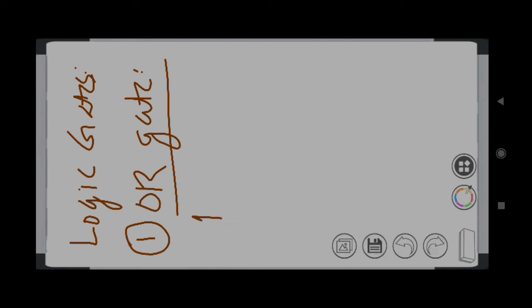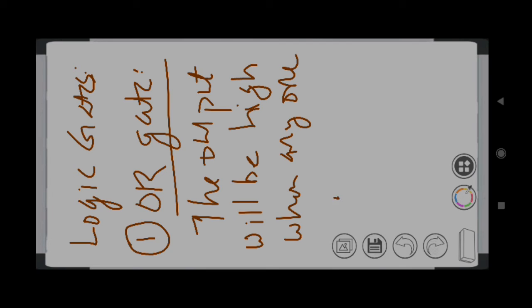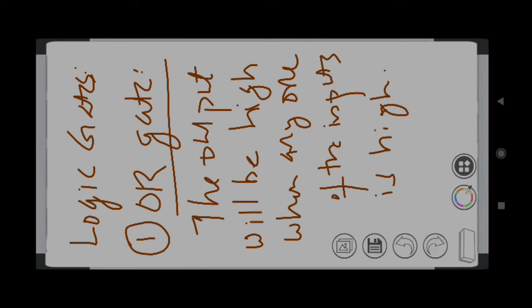The output of this OR gate will be high when any one of the inputs is high.